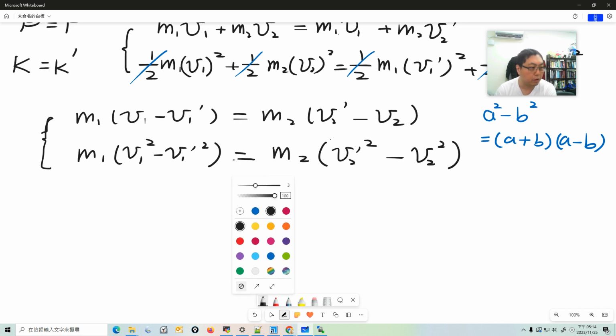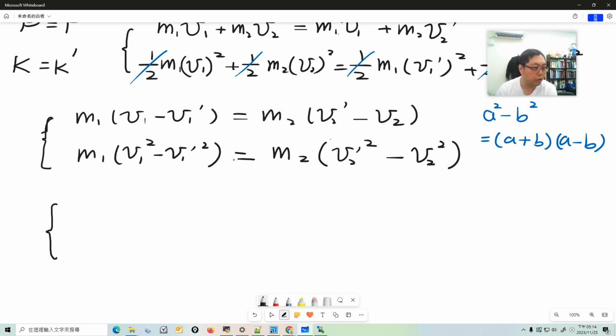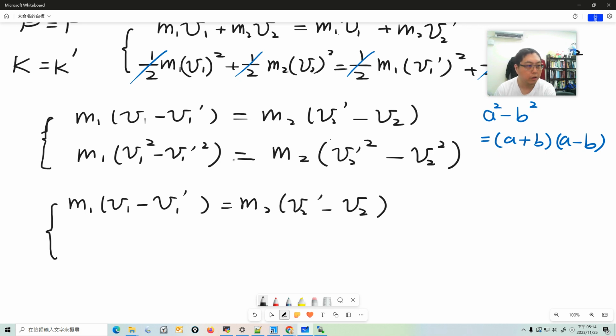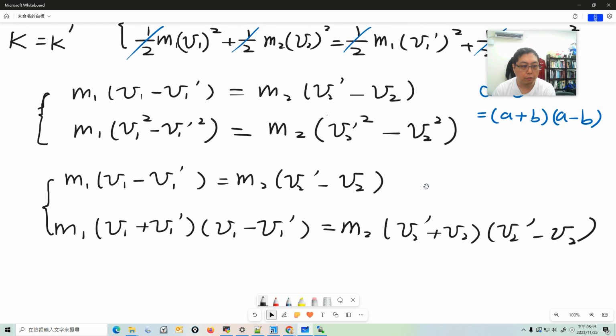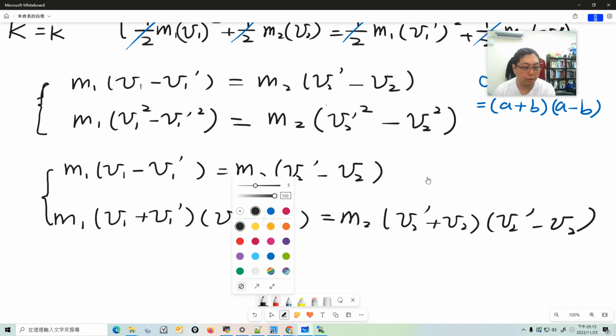The first one, just keep it. So m1 (v1 plus v1 prime) times (v1 minus v1 prime) equals m2 (v2 prime plus v2) times (v2 prime minus v2).